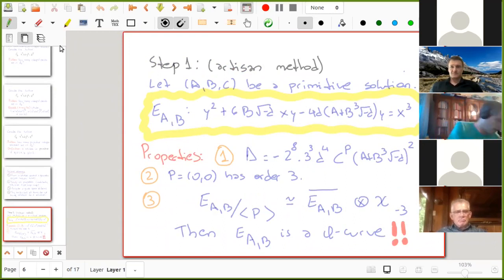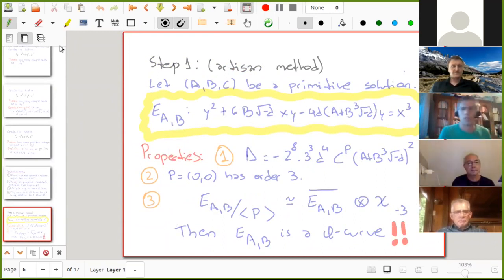So the idea is the following. What are the important facts here? The important facts here are, first of all, the discriminant. If you look at the first property I wrote there, it's the discriminant of the elliptic curve. When you have your equation, x squared plus d times y to the 6 equals c to the p, you can factor the left-hand side over this quadratic field, and this is where the quadratic field appears.